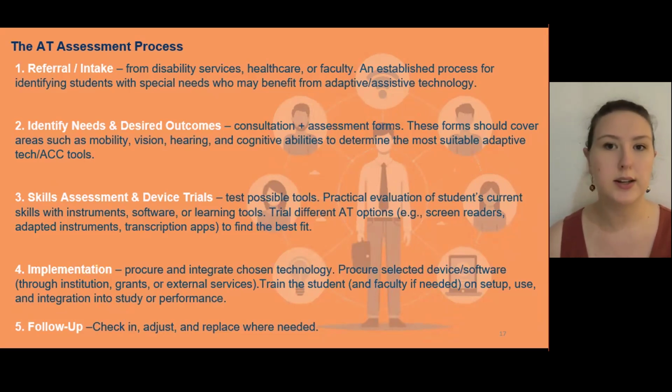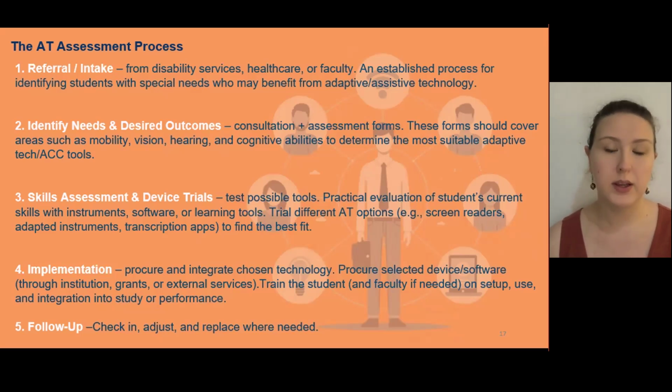There's a consultation and assessment forms process. 3, skills assessment and device trials to test the possible tools. Practical evaluation of a student's current skills with instruments, software, or learning tools, and a trial of different AT options, maybe screen readers or adapted instruments or transcription apps, etc.